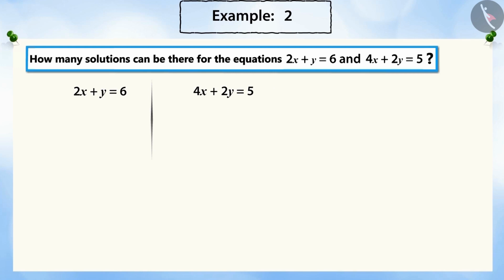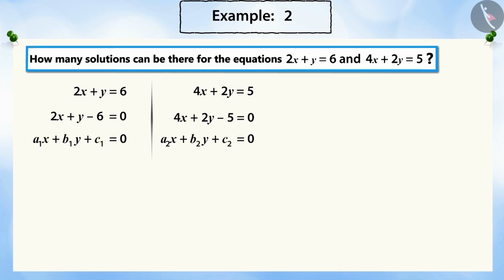Let's compare the equations with the general form of linear equations in two variables. We can see a1 is equal to 2, b1 is equal to 1, c1 is equal to minus 6, a2 is equal to 4, b2 is equal to 2, and c2 is equal to minus 5.